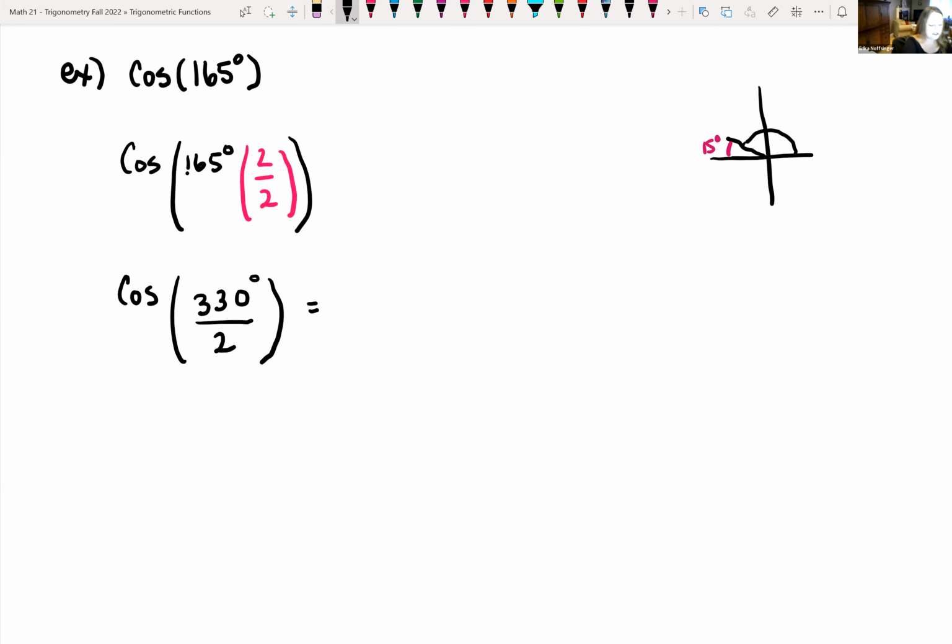So now I can use this half angle formula. I have plus or minus the square root of 1, this is cosine, so it's plus, cosine of the angle in the numerator, so 330 degrees, all over 2.